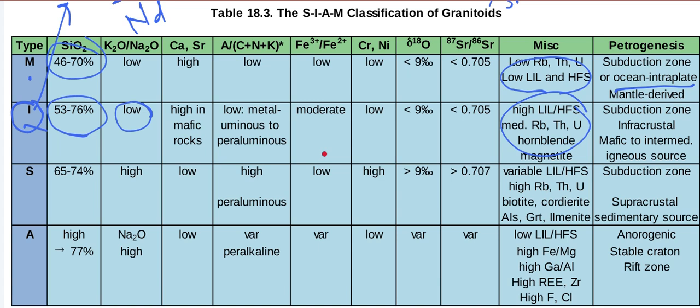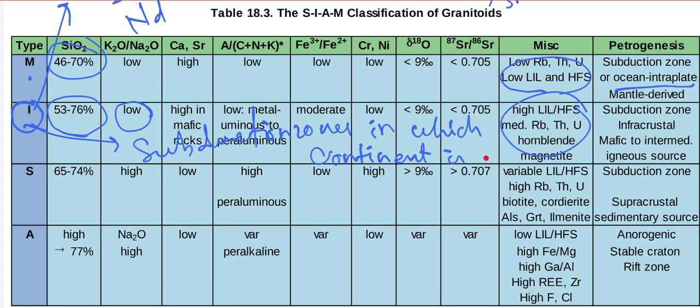You can say that I type is particular to the subduction zones in which continent is involved, and in case of M type, ocean is involved. This is the main difference.